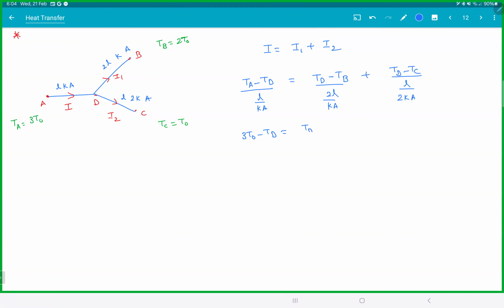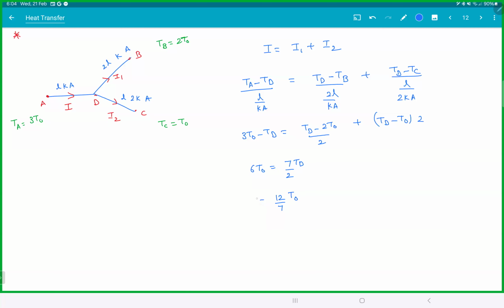This guy will be TD minus 2T naught by 2. This is TD minus T naught into 2. Bring all T naughts to one side. 3T naught, T naught, 6T naught. Bring all TDs to one side. TD, 2D, 3D, 7TD by 2. TD is equal to 12 by 7 T naught.